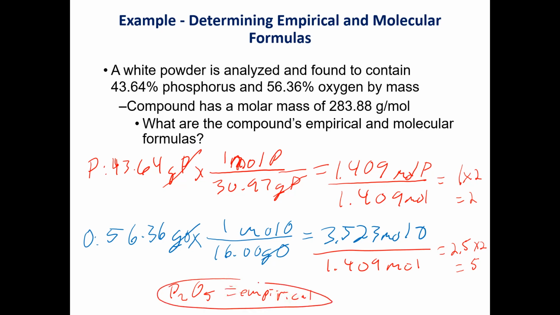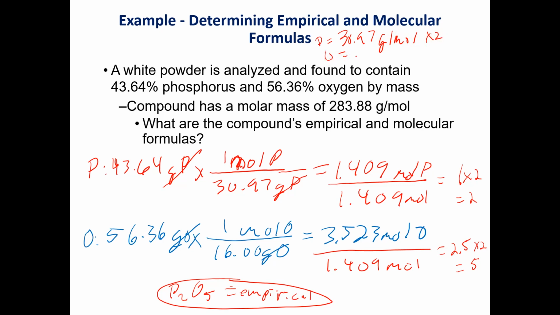But we want to know what the molecular formula is as well. So if we calculate the molar mass of P2O5, phosphorus has a molar mass of 30.97 grams per mole, and there are 2 of them.